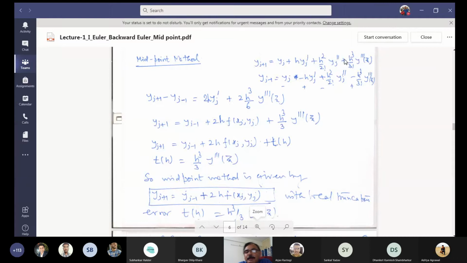I have truncated at the next stage, that is h cube by 3 factorial y triple prime xi. Then yj minus 1 I am writing is yj minus h yj prime plus h square by 2 factorial yj double prime minus h cube by 3 factorial y triple prime. I have written xi here.